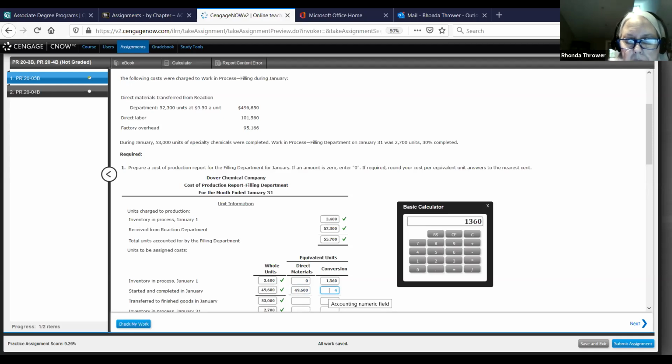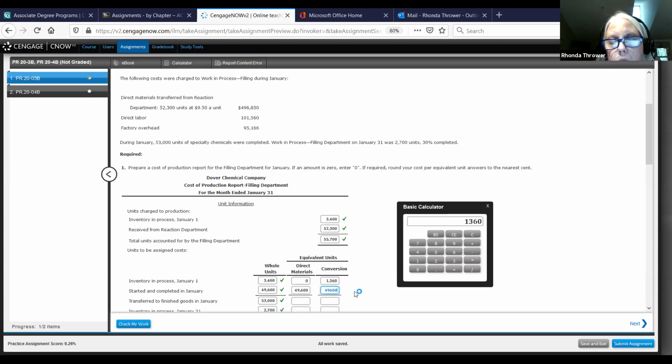So 49,600 is going to be started and finished with respect to conversion of our started and completed units. 100% has been added or converted of the started and completed units.